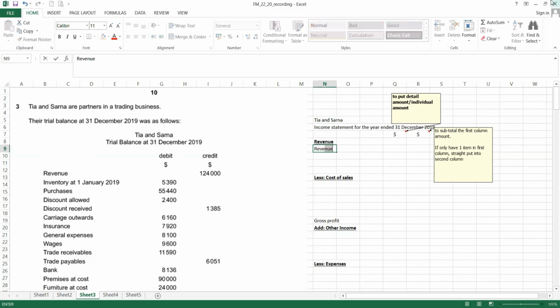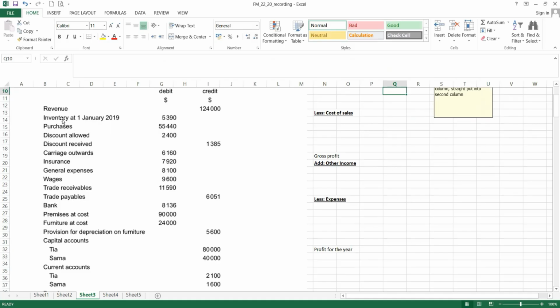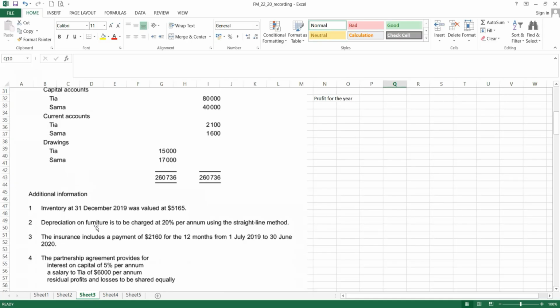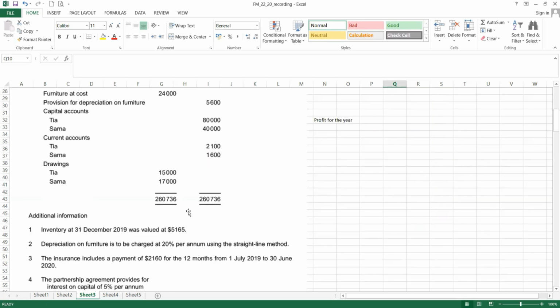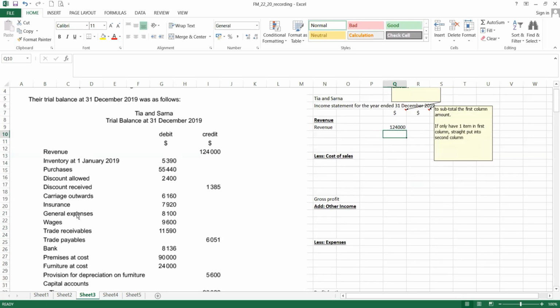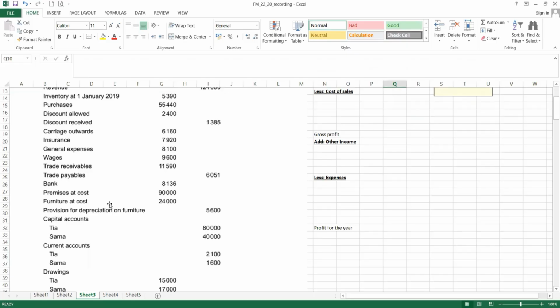Let's see what information we have now. Revenue. Okay, the amount is 12400. Is there anything related to the revenue section? Let's see. Inventory, depreciation, insurance, the partners' interest. Okay, there is nothing else about the revenue.